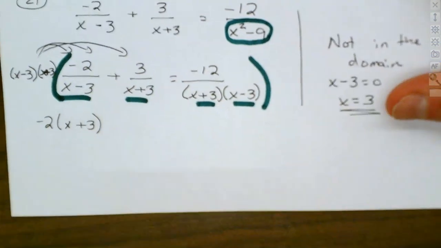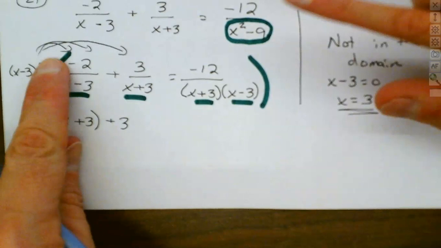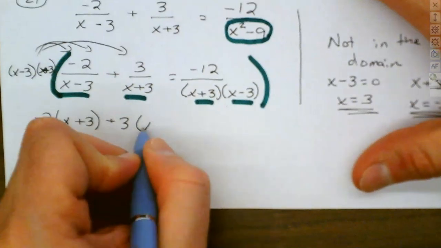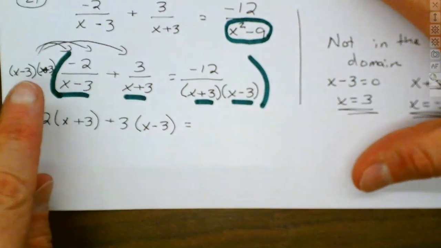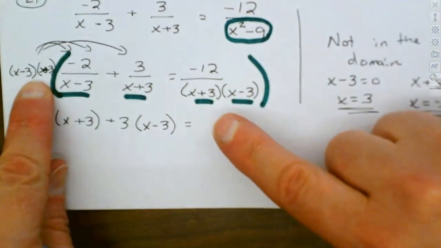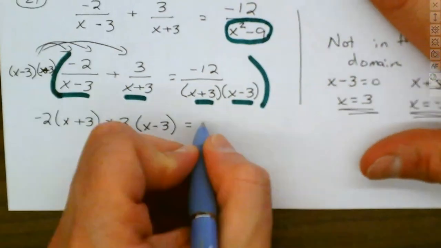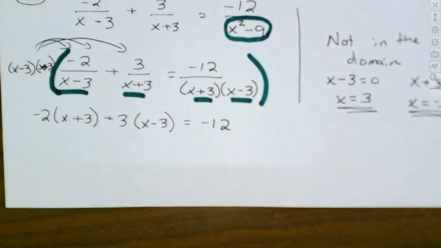What about the next one? Well, we've got the 3, and the x plus 3's cancel now, don't they? So it's going to be a 3 times what? Minus 3. And what about the right-hand side? Well, it's nice and easy because all of that cancels with all of that. So the right-hand side is simply a negative 12.